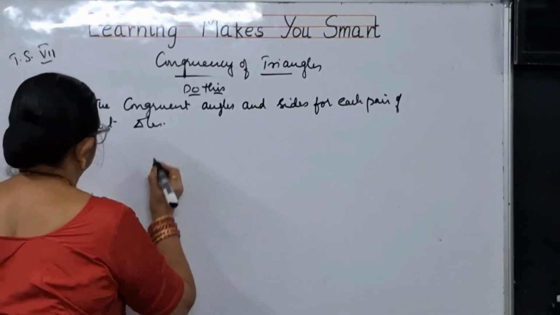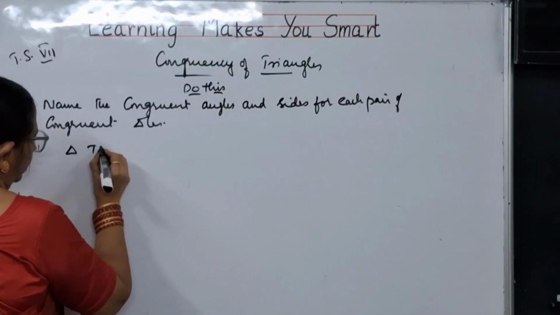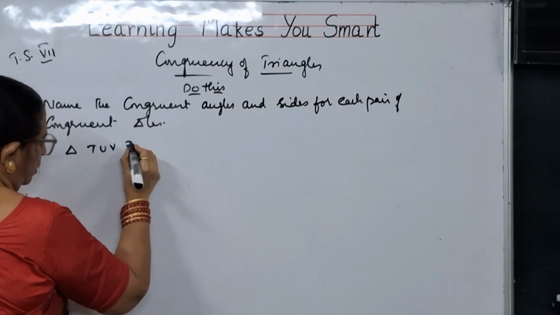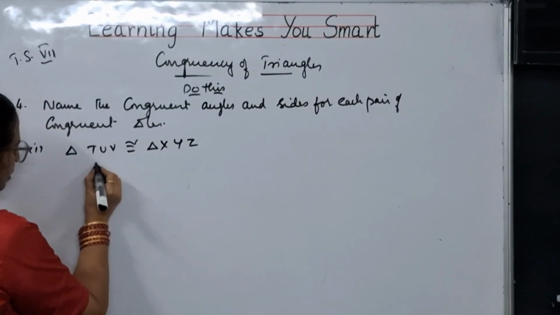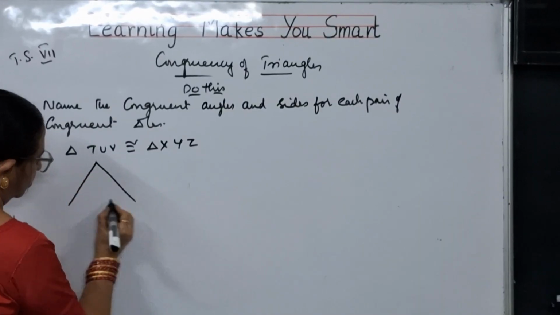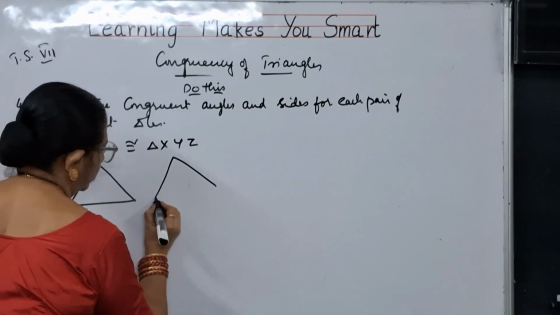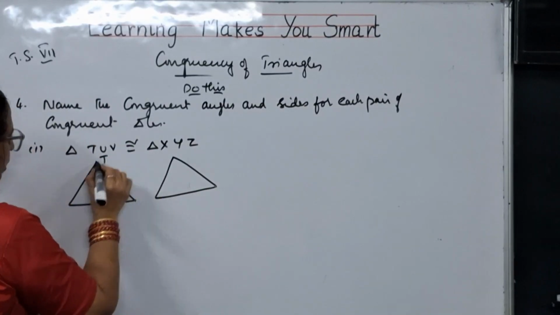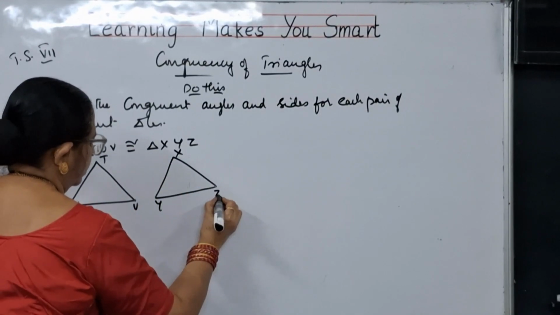So, first bit, triangle TUV is congruent to triangle XYZ. So, let us draw the triangles. Triangle TUV, XYZ.